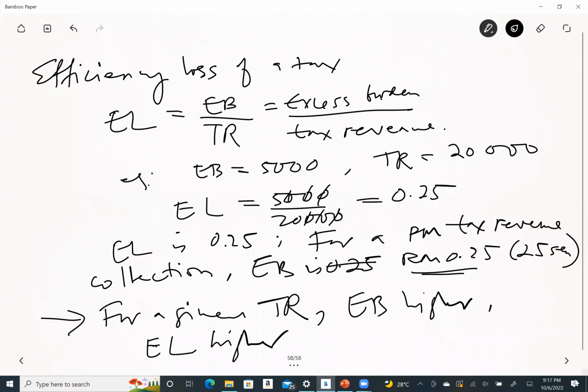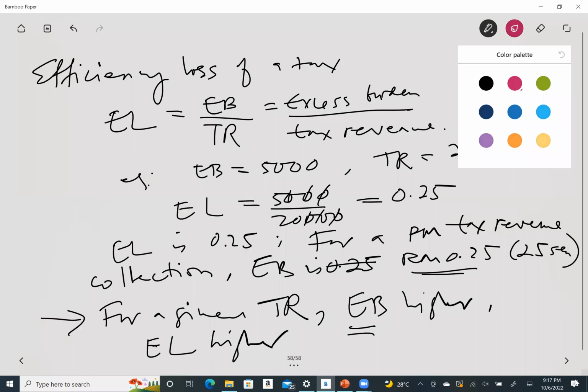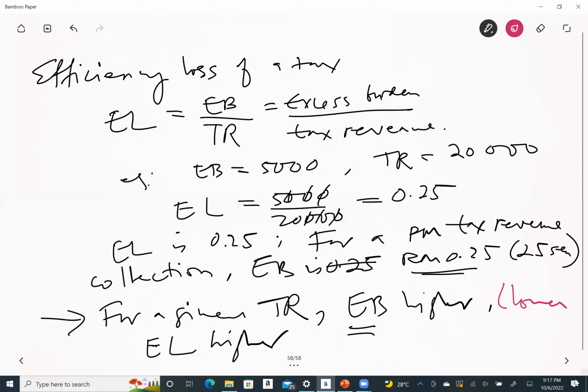Higher for a given tax revenue. Tax revenue doesn't change, right? But the EB is higher. So what about the ratio? Higher, bigger. Or if you say the other way around, for a given tax revenue, if the excess burden is lower, then what about EL? EL will also be lower. Okay.